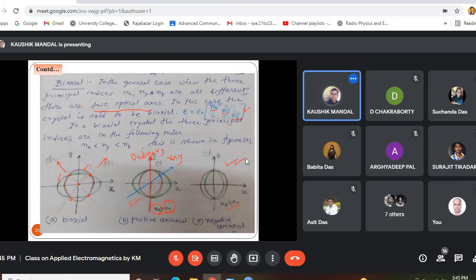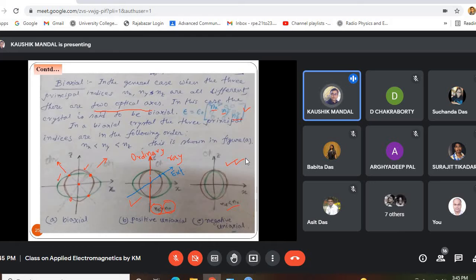So in case of the extraordinary ray, the index of refraction becomes a function of the propagation angle, the angle at which it is passing through the crystal.